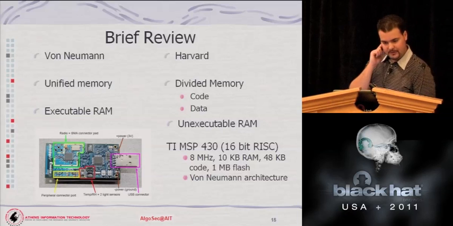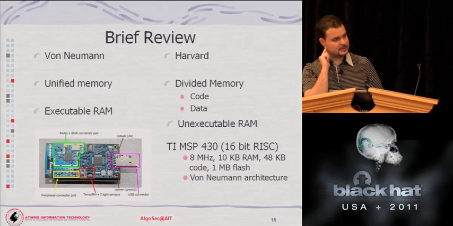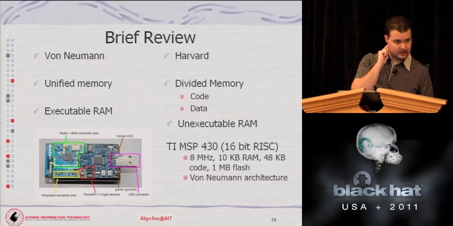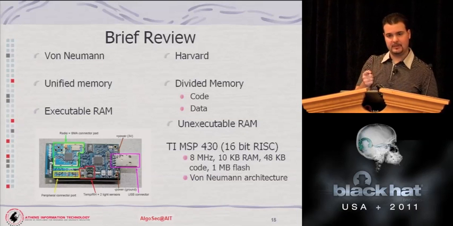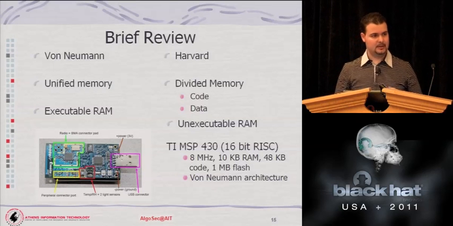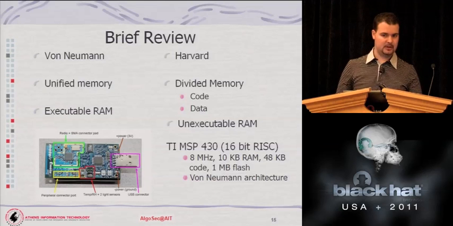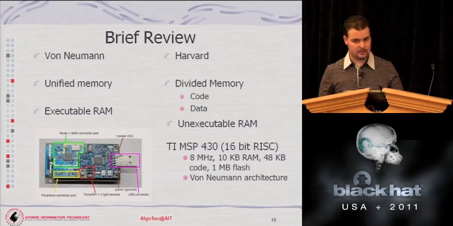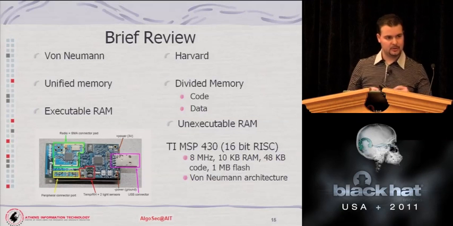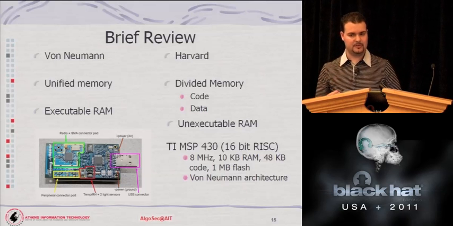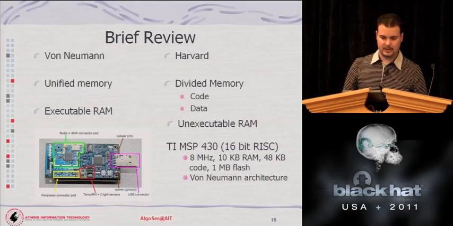First of all, a brief review of the differences between von Neumann architecture devices and Harvard architecture devices. The difference is that in Harvard-based sensor devices, the code and data memory are physically and logically divided. So the program counter can only execute instructions residing in the code memory. You cannot manipulate the program counter to point into the data memory to execute instructions residing there.